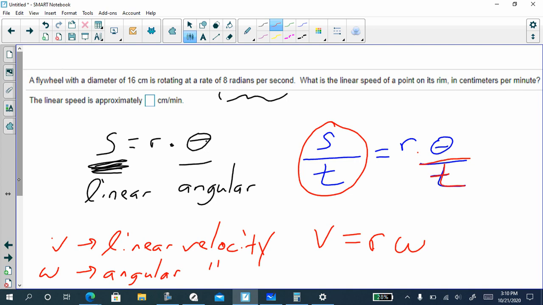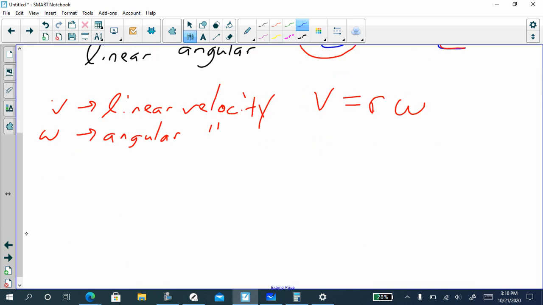So one thing we have to be careful with is we have to make sure we have the correct units when we do things like this. So we're told that we have a diameter of 16 centimeters. So let's just sketch real quickly.